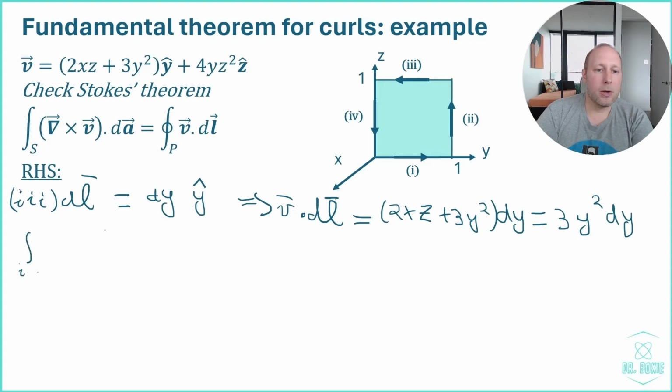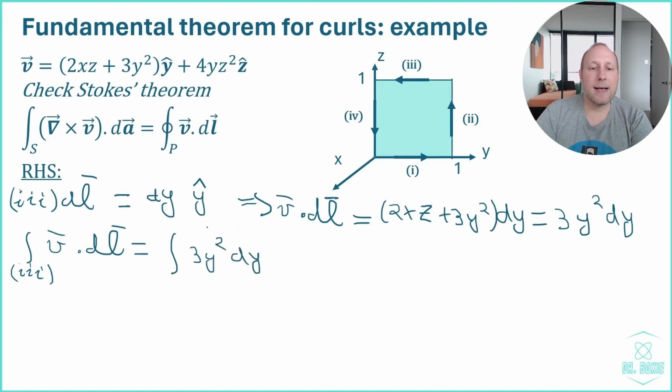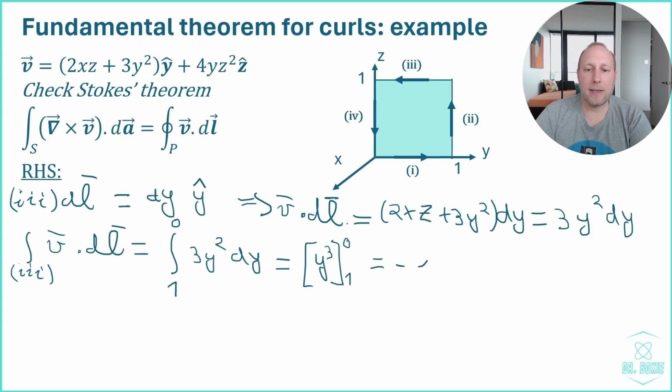So the integral along part 3 of the curve is the integral of 3y squared dy. But this time y ranges not from 0 to 1 but from 1 to 0. The integral of 3y squared dy is y cubed. And this needs to be evaluated between 1 and 0, which gives us -1.